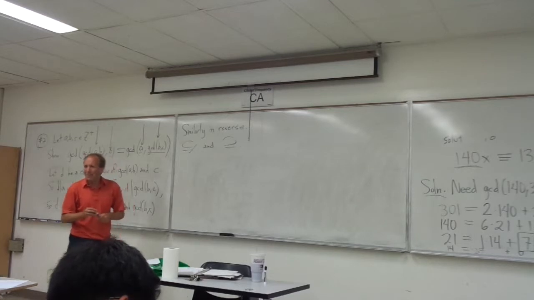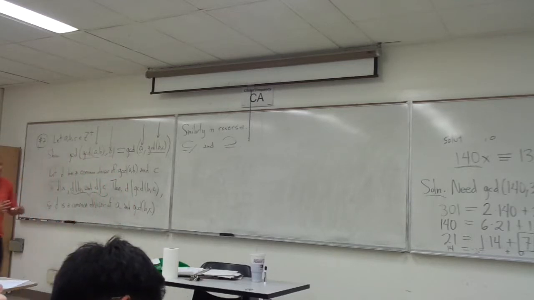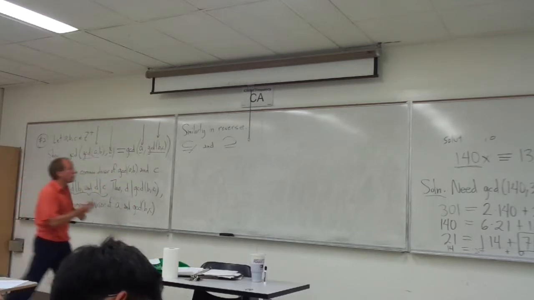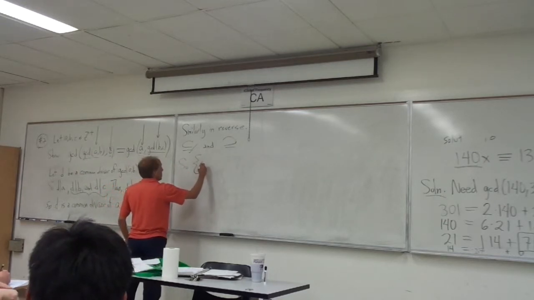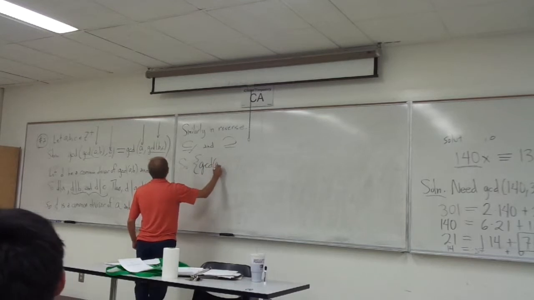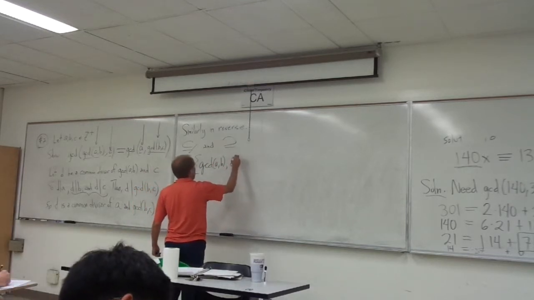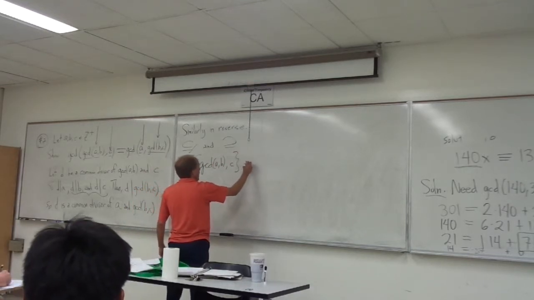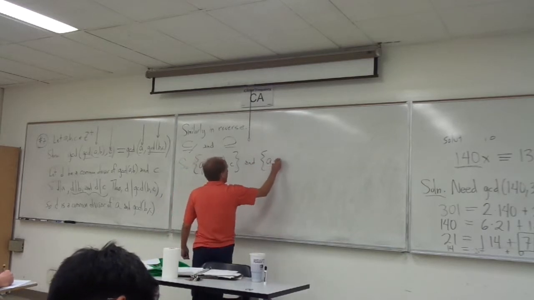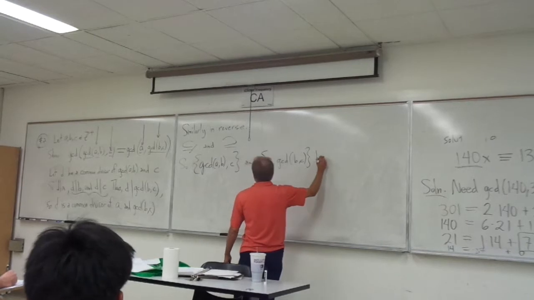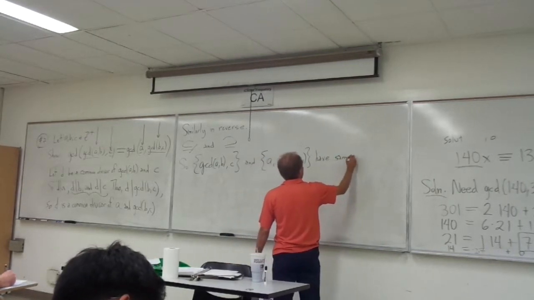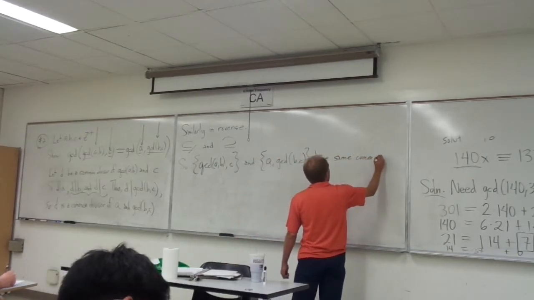Am I making any sense? Hopefully. Okay, so similarly in reverse. I'm just going to say it this way: the GCD of A and B with C, and A with the GCD of B and C, have the same common divisors.